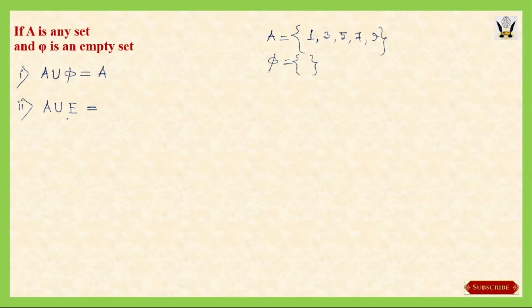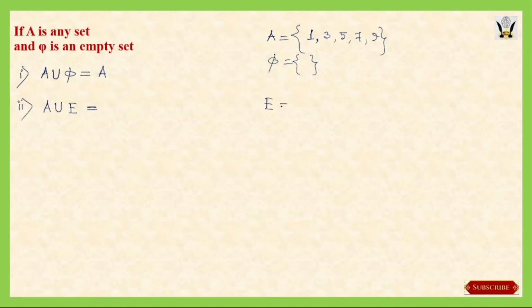That means when we perform union between a universal set and any other set, definitely that universal set will have all the elements of A. And we know that union is the addition operation between these two sets, and when we add the elements, we don't repeat any common elements. So here all the elements of A are common between A and E, so we will not repeat them.